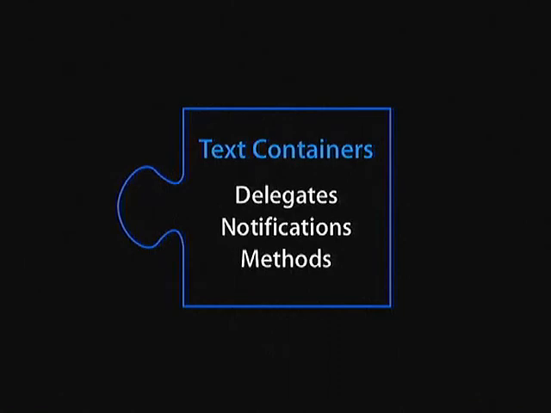There are also notifications which get posted and broadcast to anyone who wants to hear about them. And then there are just straight up methods and properties, things you can poke the text field with and say, hey, you should behave this way or that way. So these are a few ways to customize and influence the behavior of a text container.